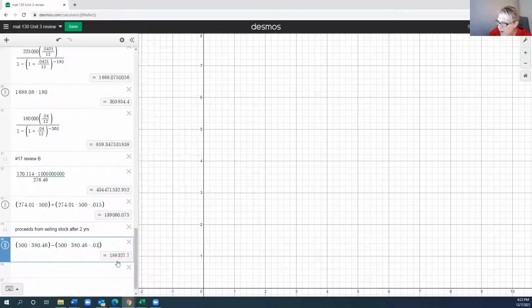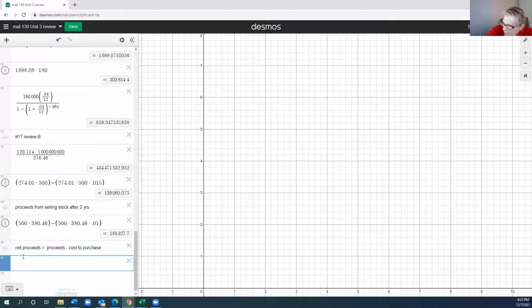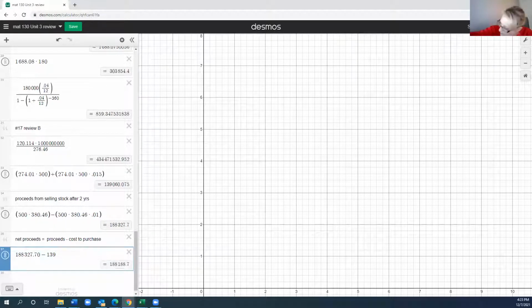And our net proceeds, let's just make a note here. So our net proceeds are the proceeds subtracting the cost to purchase. So we have $188,327.70, subtracting the original cost of $139,060.08.